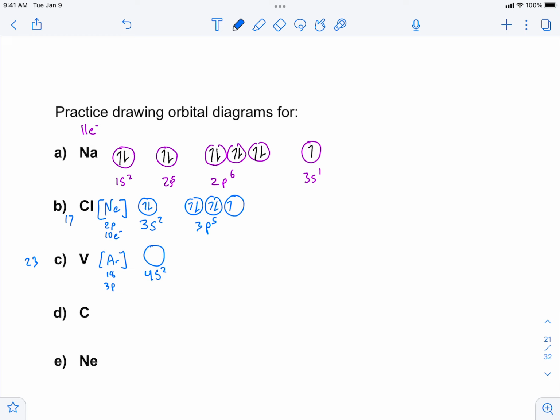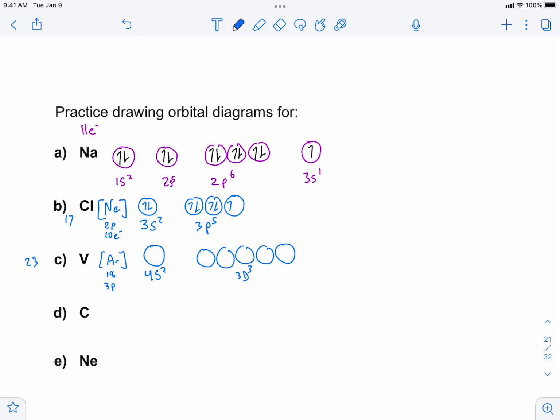So if we do 4s2, that brings our total to 20. We have 3 more to go. And after 4s comes what sublevel? 3d. Now d's have 5 orbitals. So you've got to write them all. I'll draw all 5 circles. This is 3d, and the number of electrons that we'll be putting in there is 3.